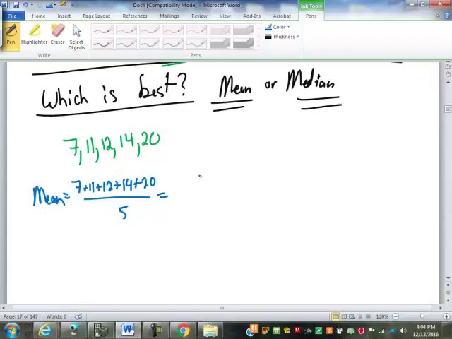That's 18, 30, 44, 64. Divided by 5 is 12.8. The median, well, with a set this small, you can pick out the middle number. It's 12. Otherwise, you would do 0.5 times 5 is 2.5, which rounds up to the third number in the list.